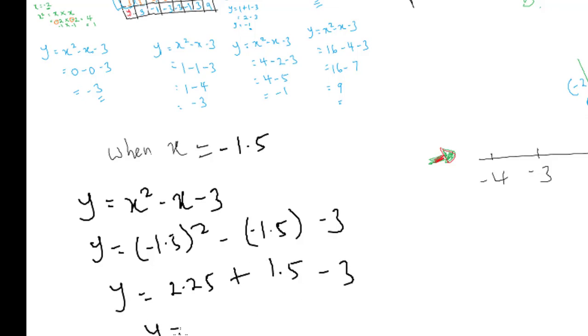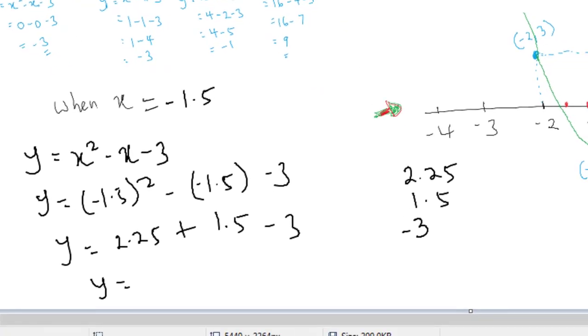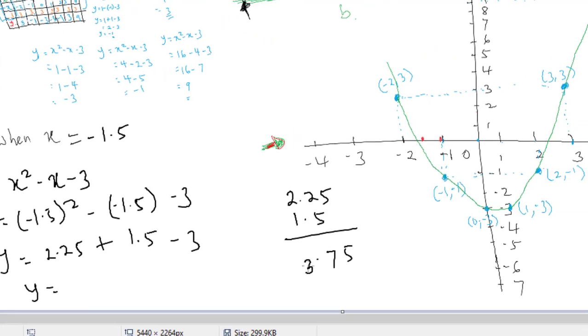So our y is going to be, let's see, 2.25 plus 1.5 minus 3. Let me add these two first. So we're going to get 3.75.